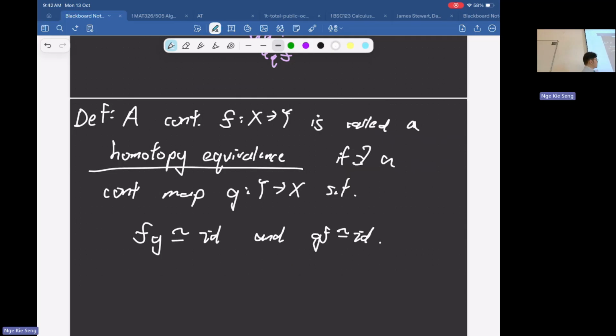Not equal anymore. Here it's a bit different from the lower forms of mathematics. You just check equality of functions, but now f g might be something else, as long as it is homotopic to the identity, that's fine.